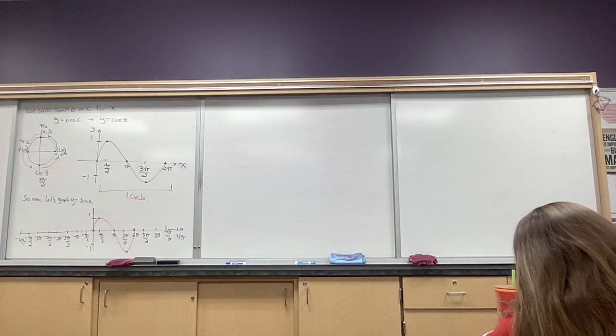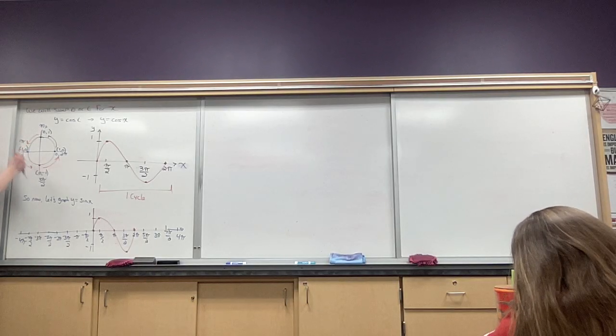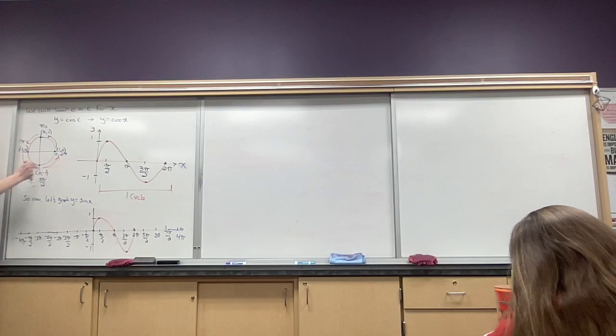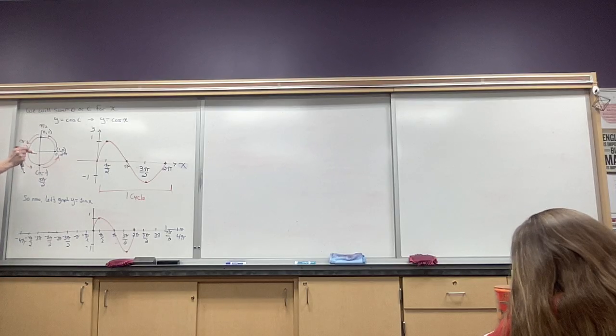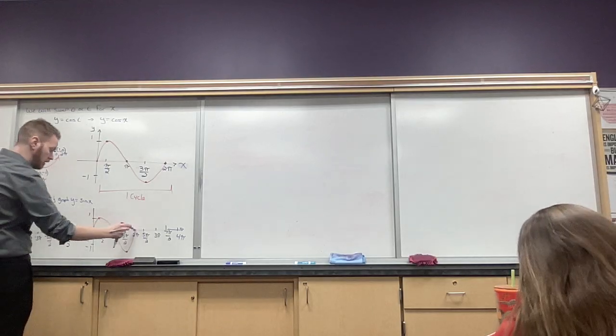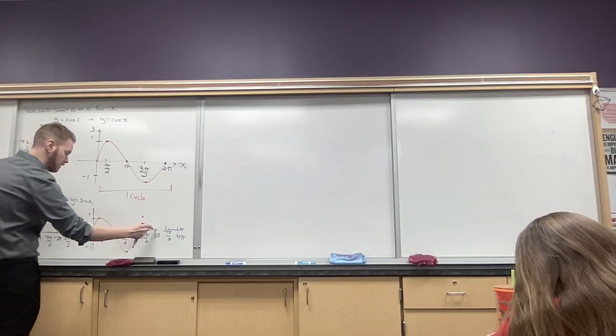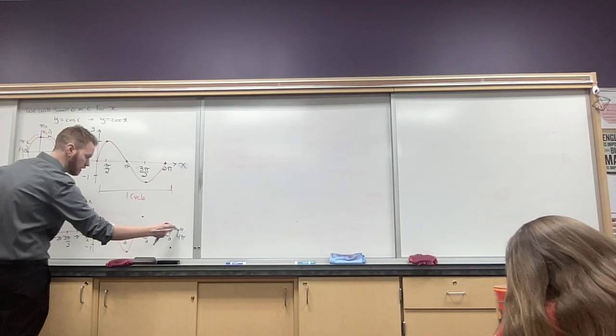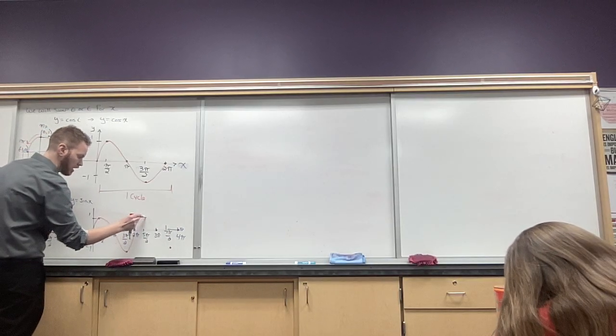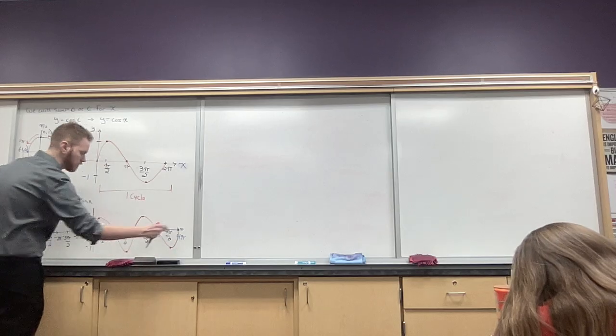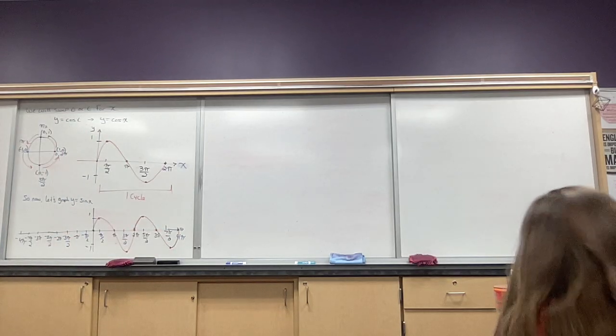Now, if I go around the circle fully, does it repeat the same pattern again? It does, right? It's not going to change. So again, it's going to come up, down, down, and then back up. So there it is. That's me continuing that sine wave.